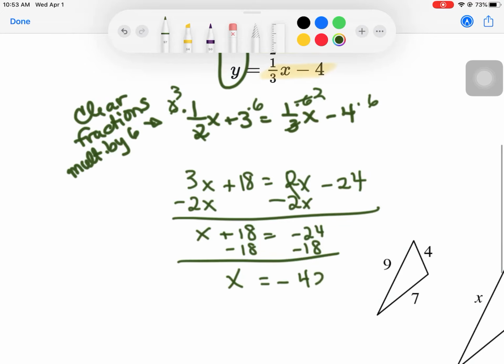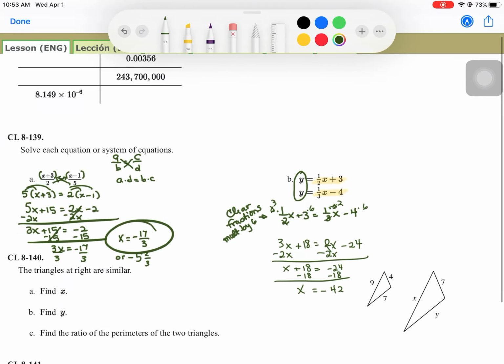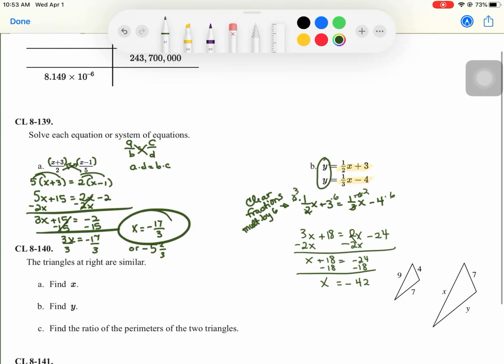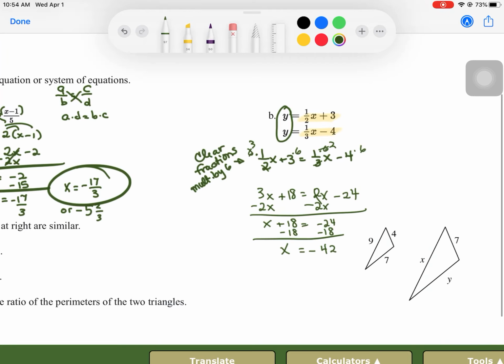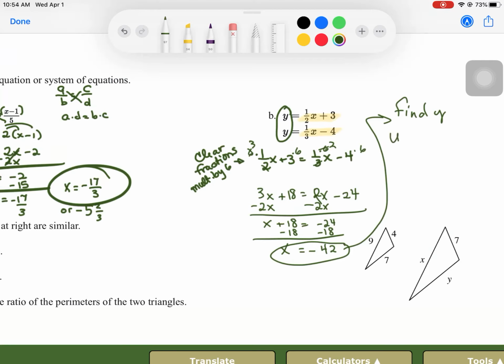Subtract 18 from both sides, and I get x equals negative 42. For each of those, it says solve each equation or system of equations. So all I've done at this point is find x. Now I need to find y. I'm just going to use that top equation.